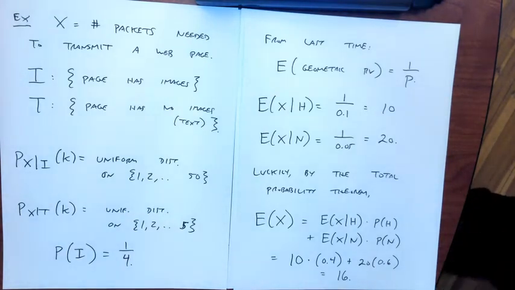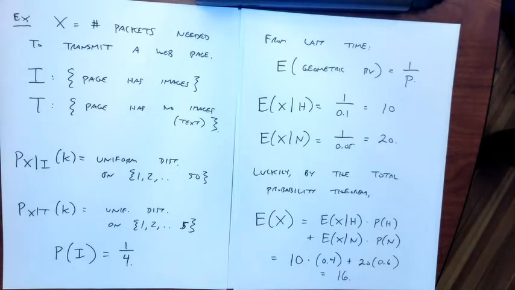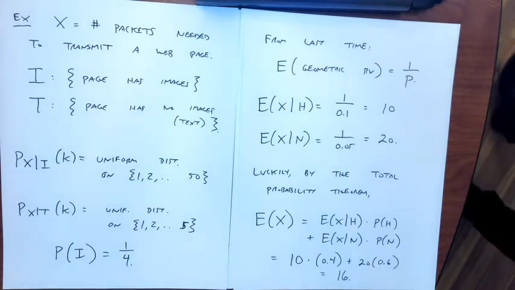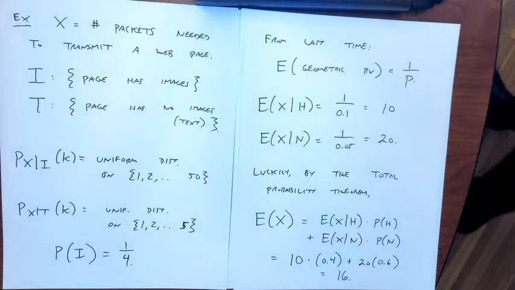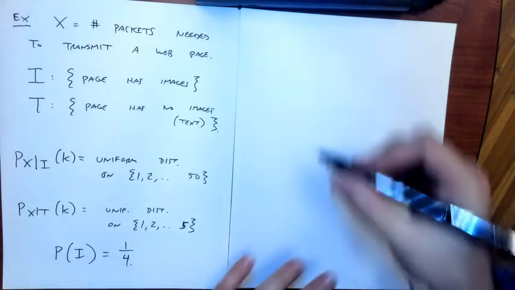So again, this is a good exercise, just like the last problem. If I tell you it's a binomial, or it's a uniform, or it's geometric, you should start to know what that means in terms of the underlying PMF, right? So let's be a little more explicit about what the conditional PMFs are.